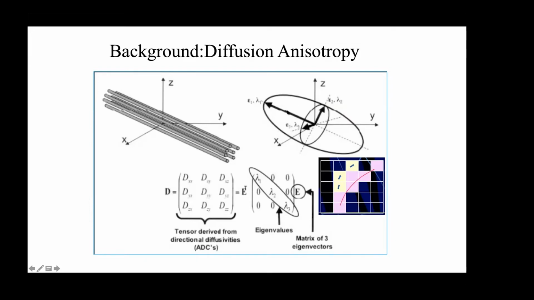The longest axis, the largest diffusion mobility, is along the muscle fiber. If you knew its value and its direction, as shown on the little right insert here, you could track the fibers. And the other 2 diffusions can give you some idea about the structure of the fiber itself.